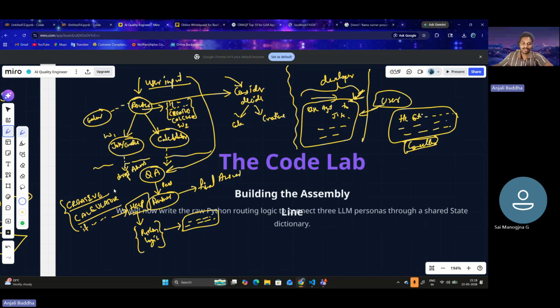But since it's a simple example, what we added was that it can choose between creative or calculator, and in the user input we provided: tell me a joke on an engineer solving a production issue. So it could have chosen joke, right? If we ask for some calculation, it would have chosen calculator. Users usually don't know how the system works.